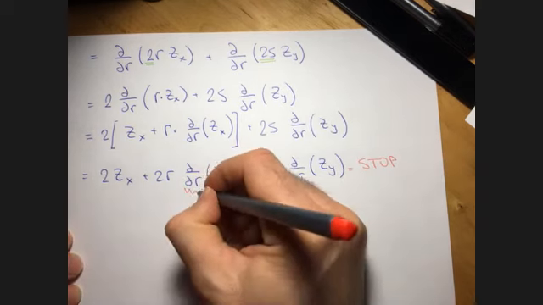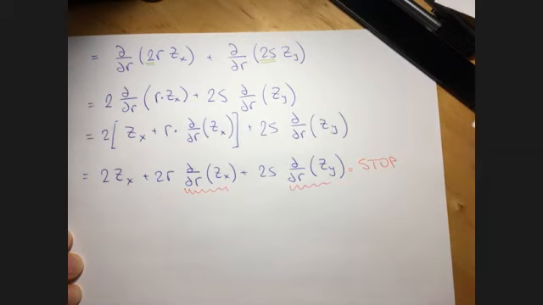In order to evaluate these two derivatives, I need to slow down a second, okay? Why?